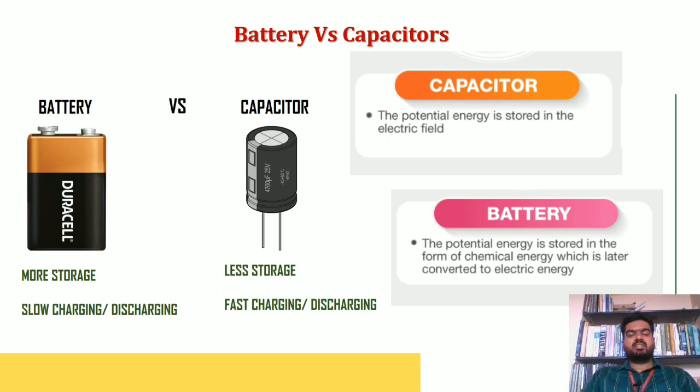A capacitor has less storage and fast charging and discharging. In the capacitor, the potential energy is stored in the electric field, but in the battery, it is chemical energy that is converted into electrical energy. Both are used for storing energy, but they have some differences.